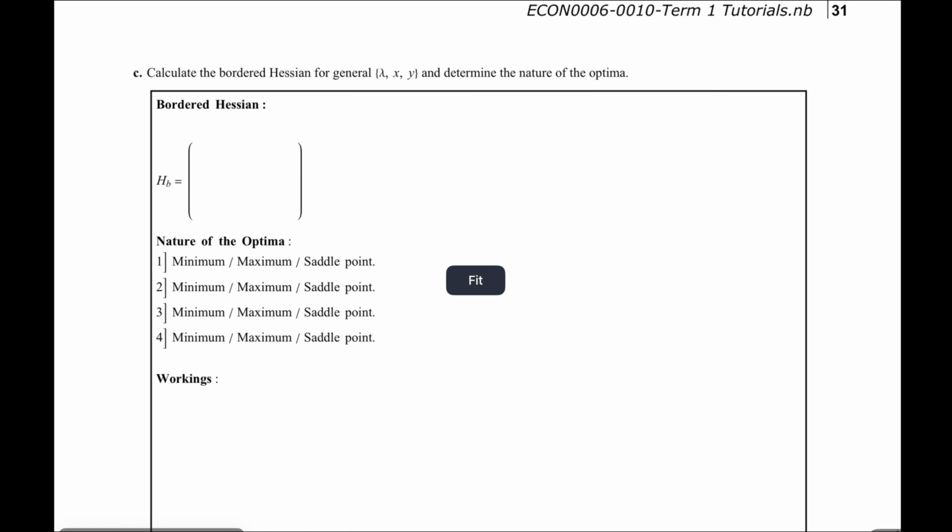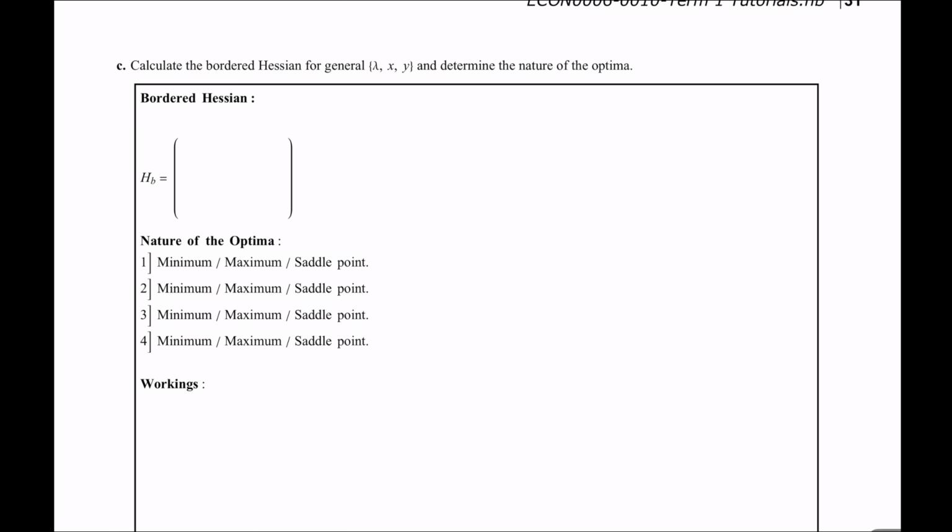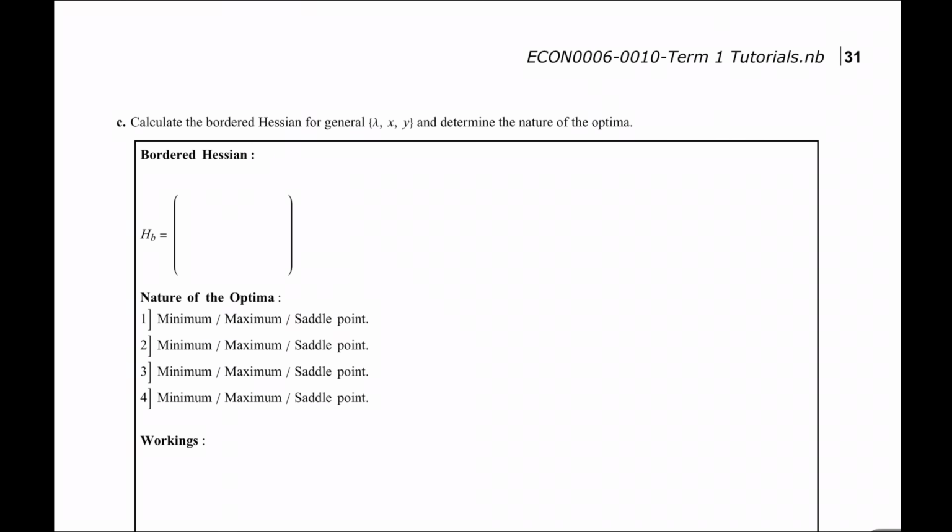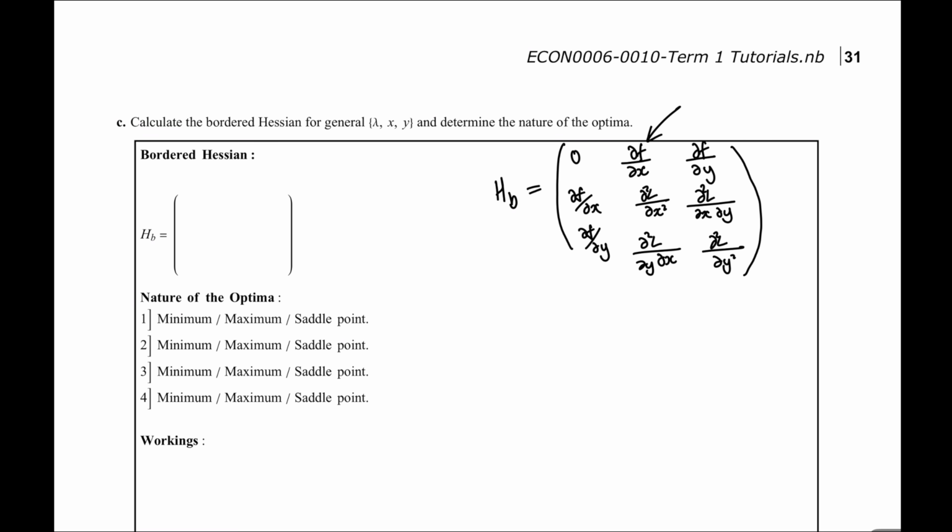If we go on to calculate the bordered Hessian for the general lambda, x and y, and then determine the nature of the optimum, we begin by defining the bordered Hessian. It was 0. We used the function f because f was our constraint. If we begin by solving this, we have 0.